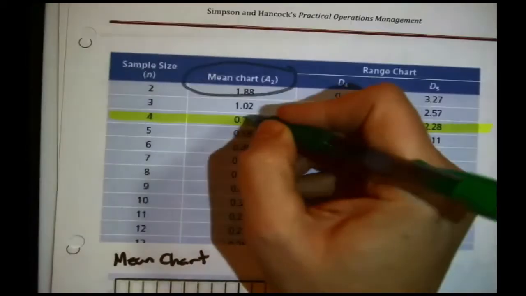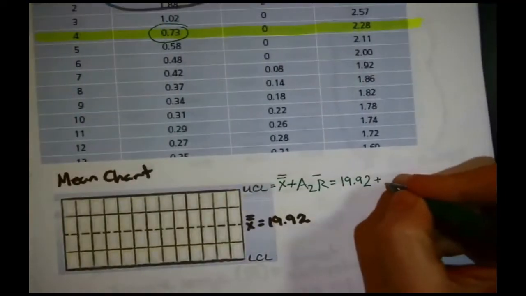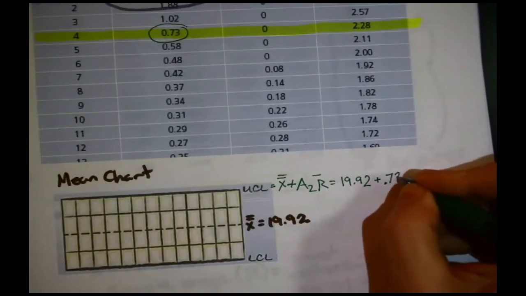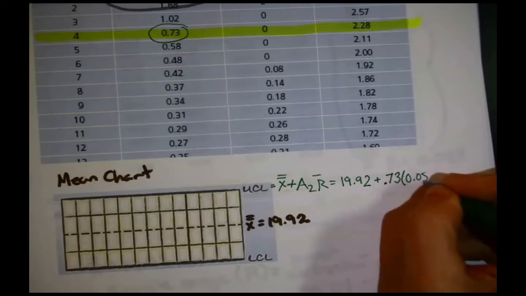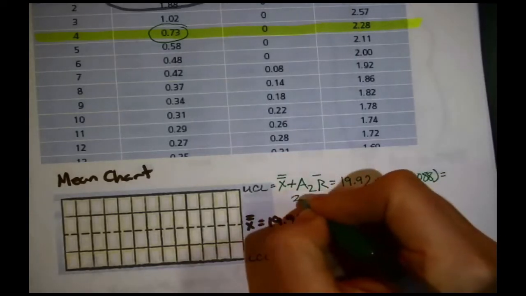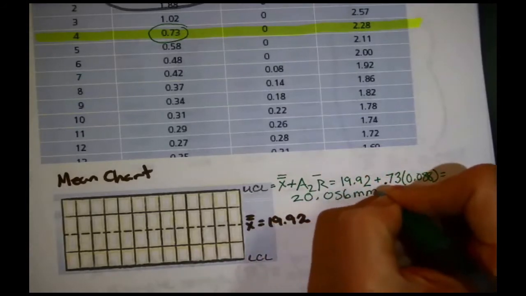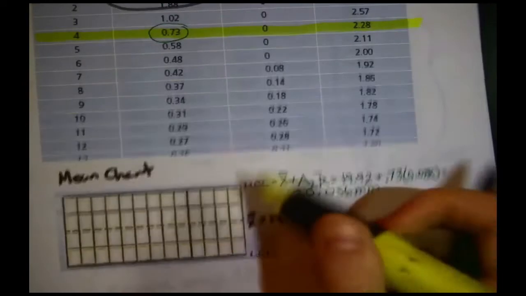We said that it would be on that row. It says 0.73. That's the number you use. 0.73 times 0.088, because that's R bar. So I get 20.056 millimeters. That's the upper control limit. Found it.